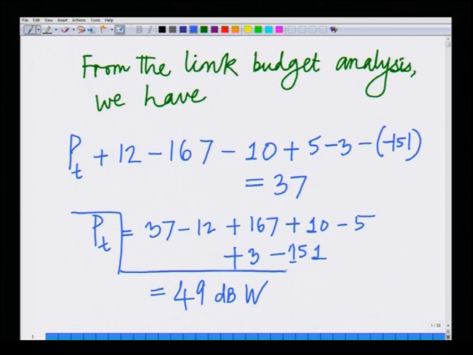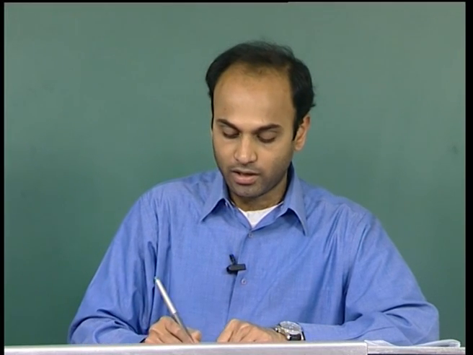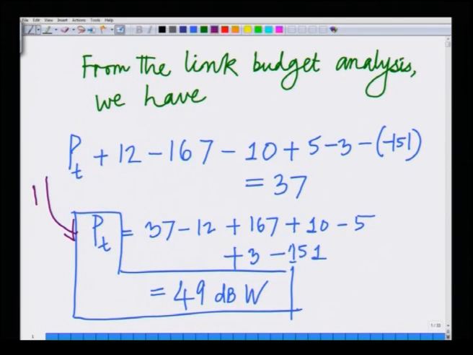Hence, this is essentially the computation of the required transmit power at the base station from the link budget analysis. So, this is the required transmit power at the base station, computed from the link budget analysis.